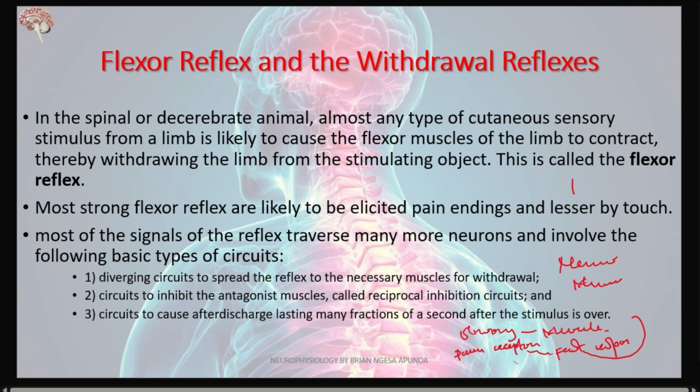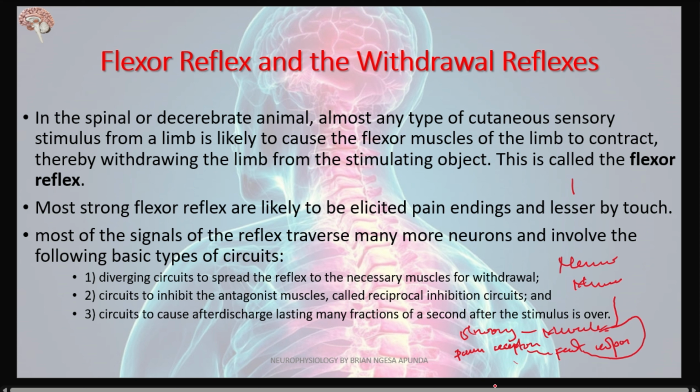When they get into the spinal cord, while we can have some information joining the spinothalamic tracts advancing into the thalamus, we can have some joining the interneurons.